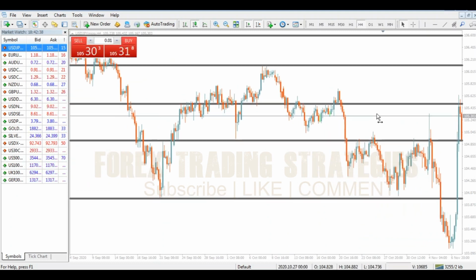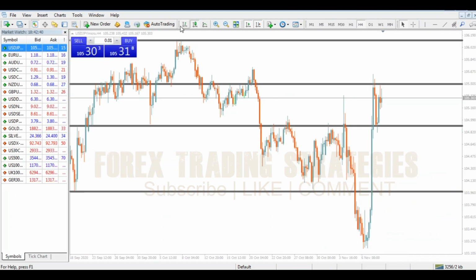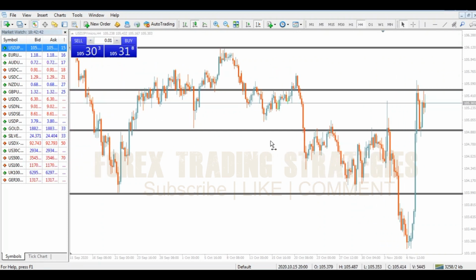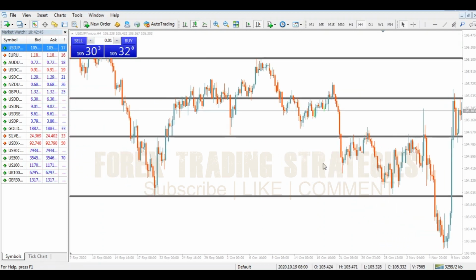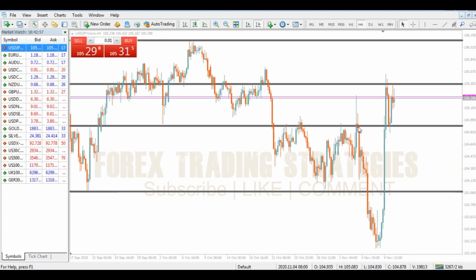Now, can you say this is random? That price came here and went up, and that it came here and went back up. Of course, it did its thing there, but it still went up. And it came here and it dropped down.